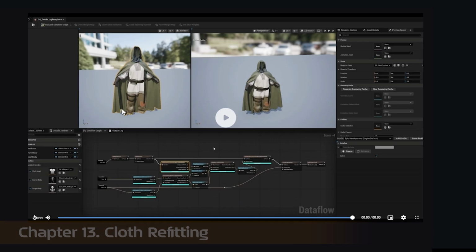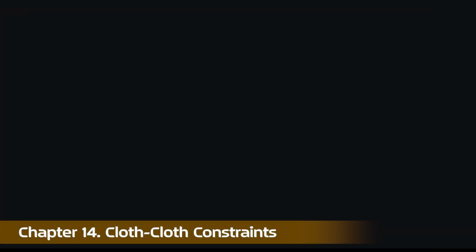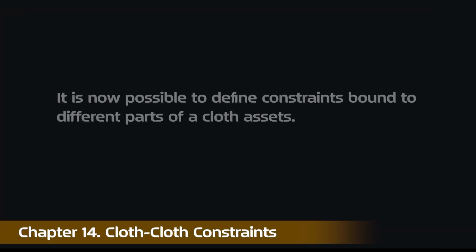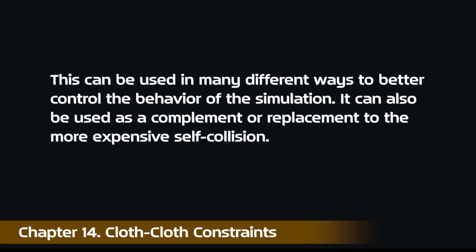Okay, fine. Cloth constraints, experimental. It is now possible to define constraints bound to different parts of a cloth asset. This can be used in many different ways to better control the behavior of the simulation. It can also be used as a complement or replacement to the more expensive self-collision.